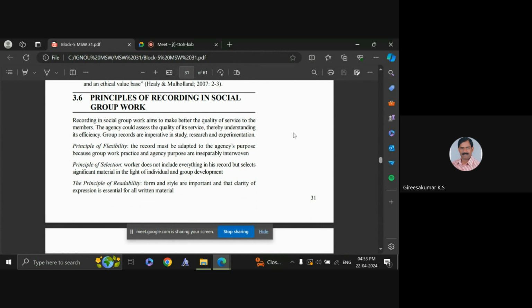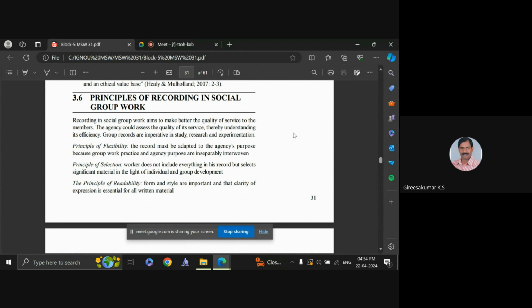Group work practice and agency purpose are inseparable because the agency helps. The agency purpose is the agency's help. Otherwise, the group work may not succeed. We have seen earlier that the agency's help is very much necessary.